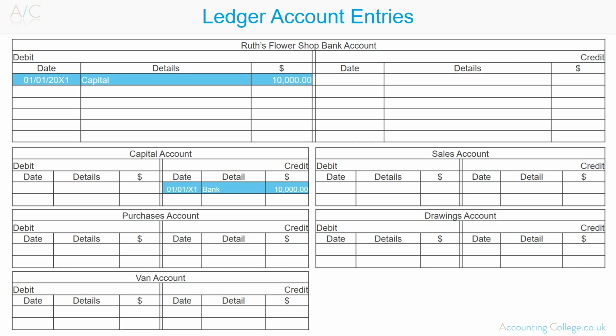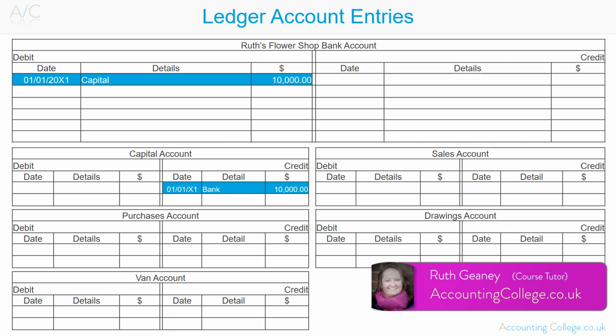To start the business, Ruth invests $10,000 of her own money into the business on the 1st of January. Remember, all payments received into the bank account are a debit entry, as it is increasing our cash asset. The bank account will therefore be debited with $10,000. The date of the transaction is entered into the date column.